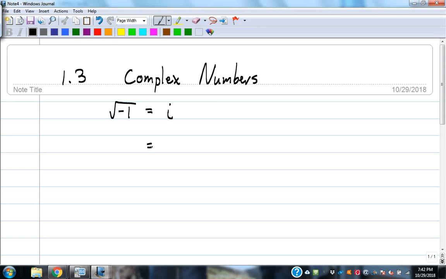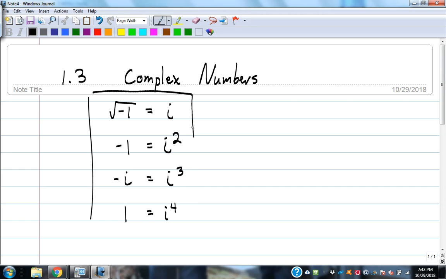If we were to square i, we would get -1. If we were to take i to the third power, we'd get -i. And then if we take i to the fourth power, we'd get +1.